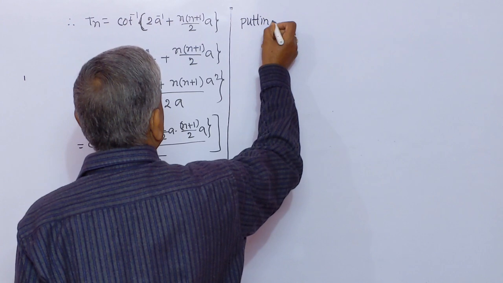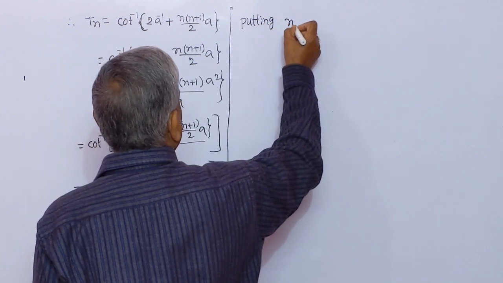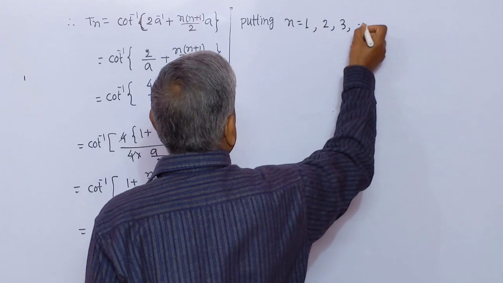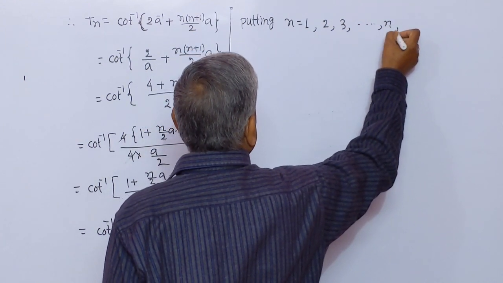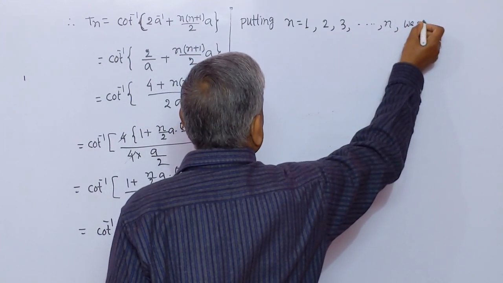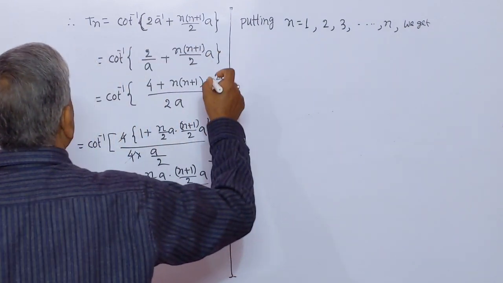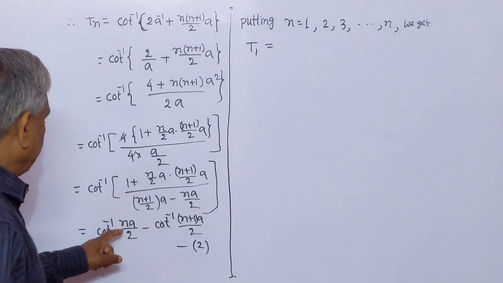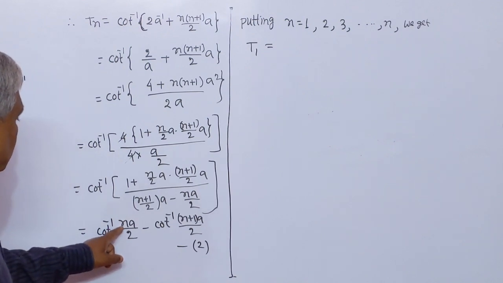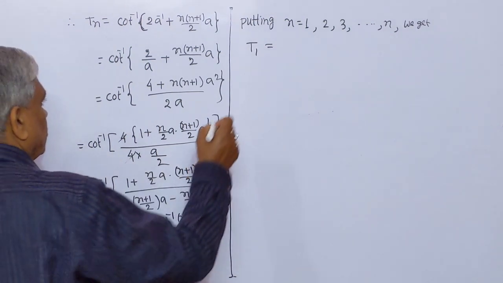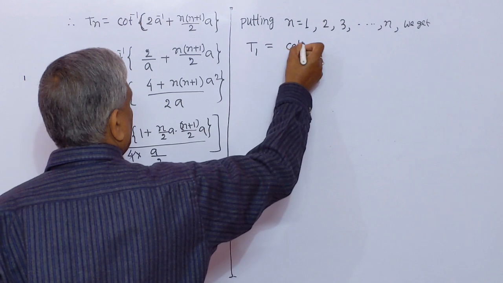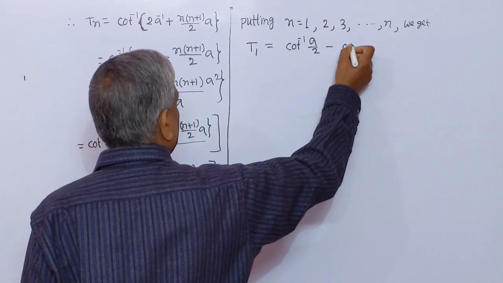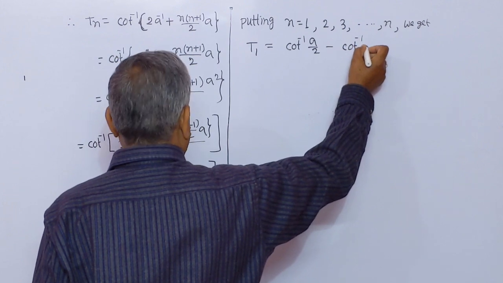Putting n equal to 1, 2, 3, dot, n, we get capital T1 equal to, here in place of n we write 1, cot inverse a by 2 minus cot inverse a.